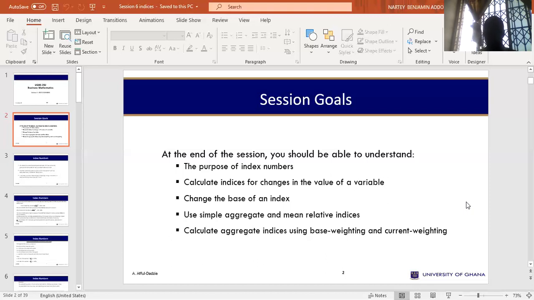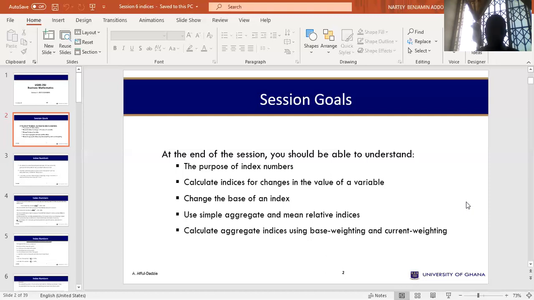Okay, so use simple aggregate and then mean relative aggregate. The advantages of using a simple aggregate, that is where we put the prices or the values of commodities for a particular stretch of years, let's say from 2010 to 2015, to compute the index numbers.